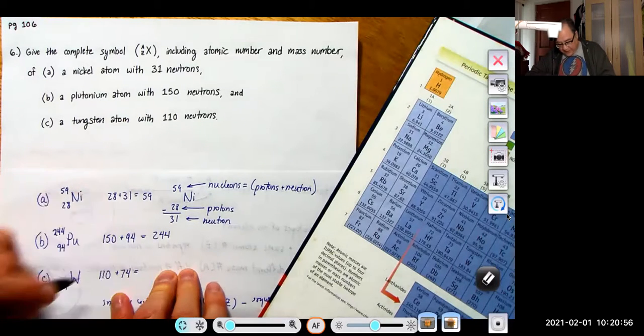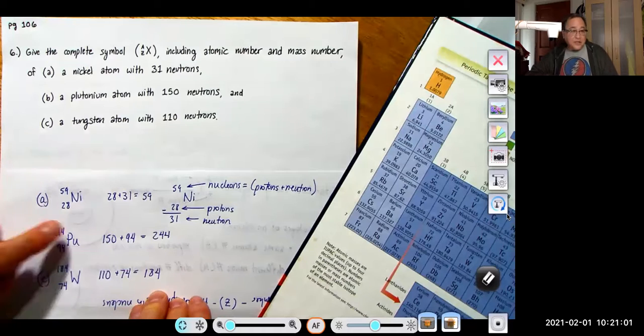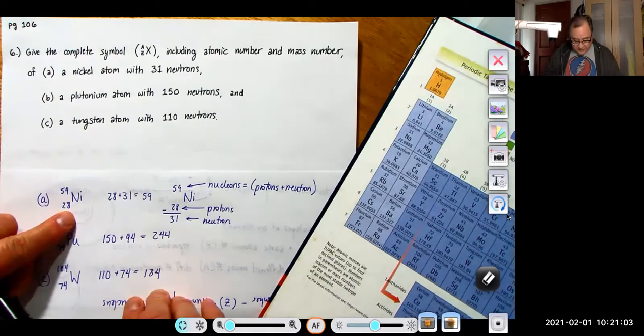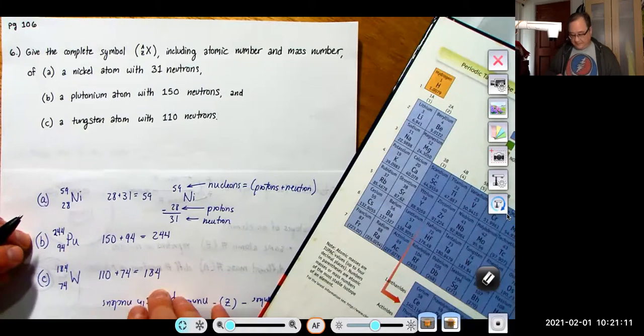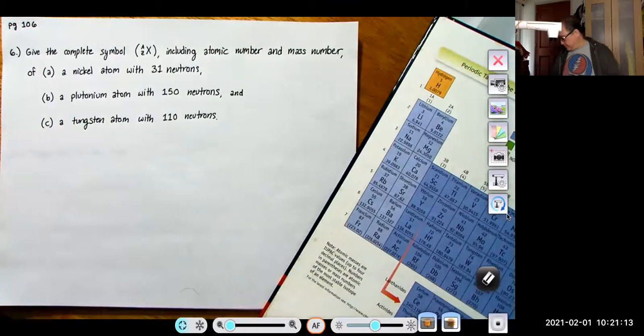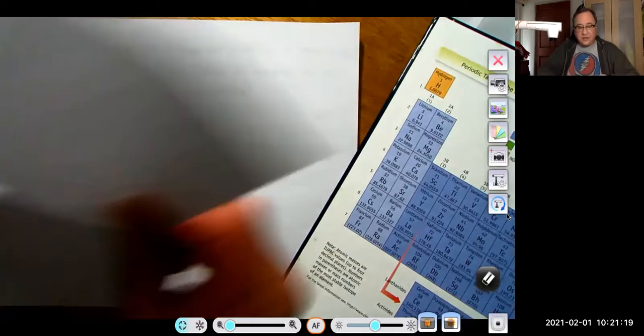So I'm going to get 184, and I get 184. And this is a particular isotope of nickel. This is a particular isotope of plutonium. And this is a particular isotope of tungsten. Are we ready to move on? We got 1, 2, that's good. We're good to go. Okay.